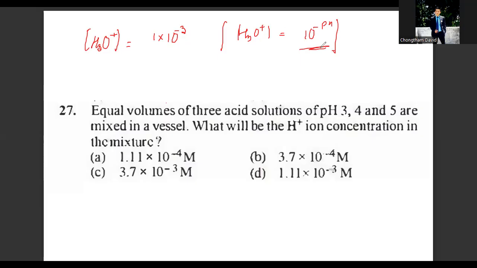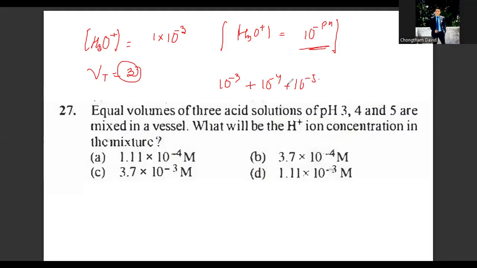Looking at these concentration values, let us keep the volume of each solution to be 1 liter, and the total volume of the mixture would be 3 liters. The total hydronium ion present in the mixture would be the sum of 10 to the power minus 3, minus 4 and minus 5.